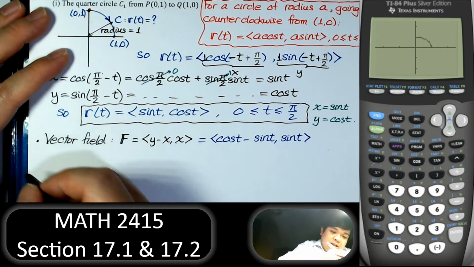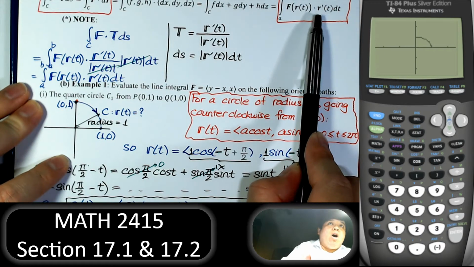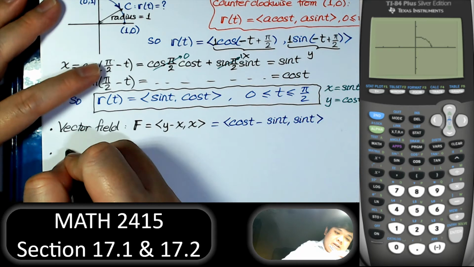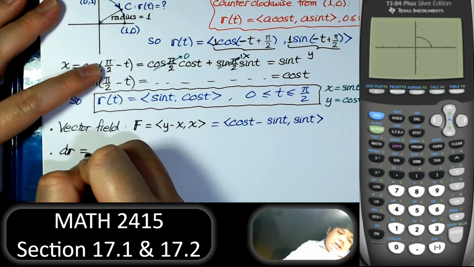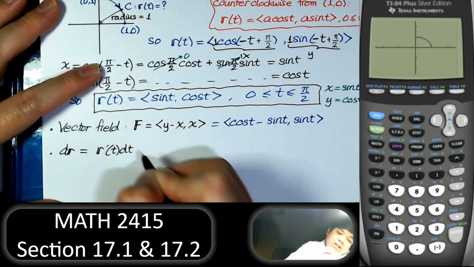And then next, what we calculate, we have r of t, now we find the derivative. Now dr is r prime dt.